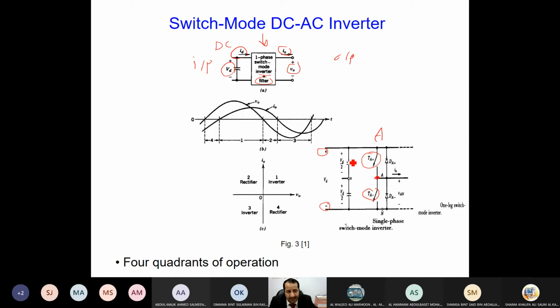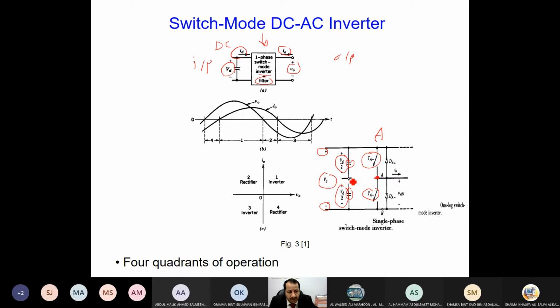Now let's assume I have identical capacitors, hypothetically speaking, because we cannot make sure they are 100% identical, even if they come from the same manufacturer. There must be some, even if small, percentage of difference. But let's assume they are identical, giving this voltage separated here half and here half.